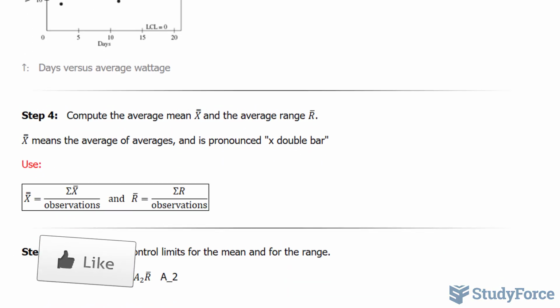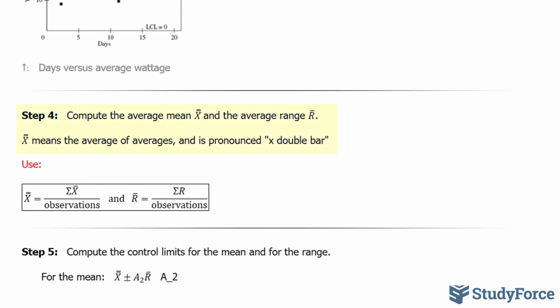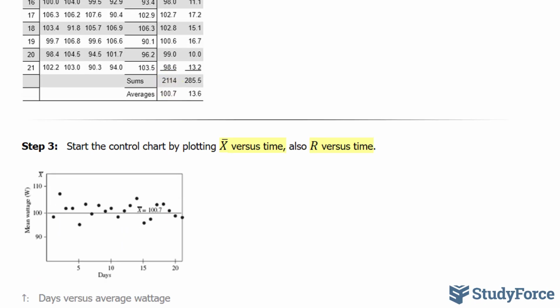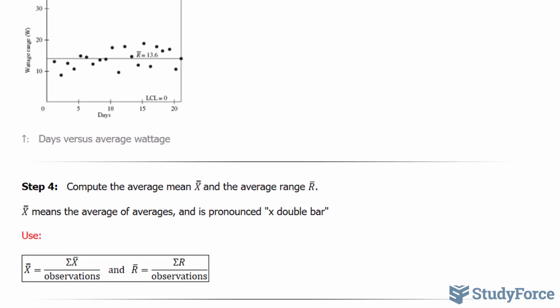The average of the averages will be represented by the symbol X double bar, and the average of the range will be represented by R bar. To do this, we'll use the following formulas, where X double bar is equal to the sum of all averages, and we already know that. It is 2,114, so let me write that down.